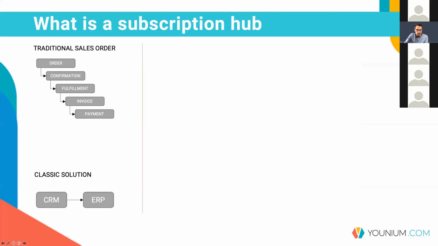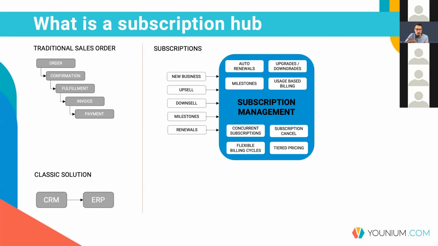But with new ways of doing business, a subscription contract is negotiated and a new set of business events trigger changes to the subscription. The contract is never archived or made inactive until, of course, it's canceled by the customer or renegotiated in some way and replaced.